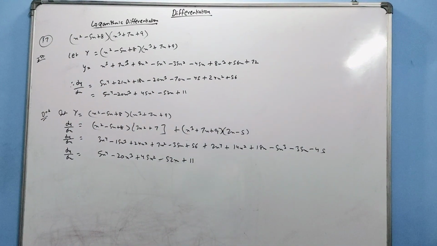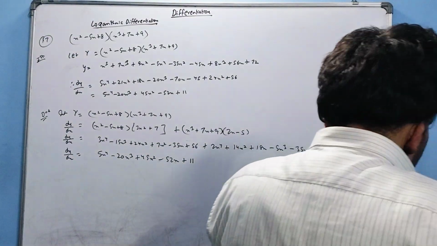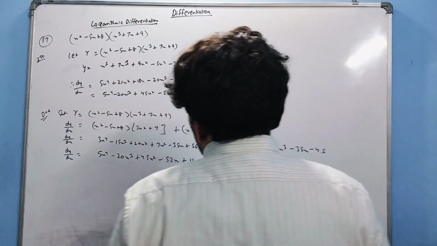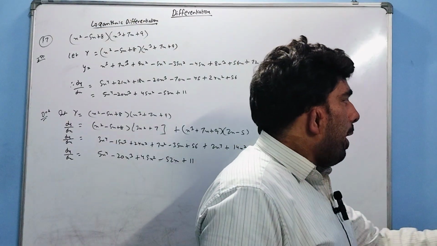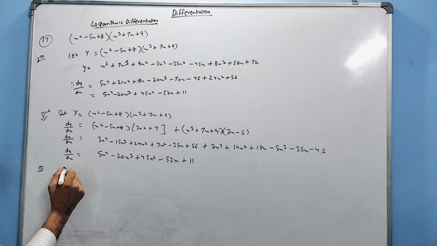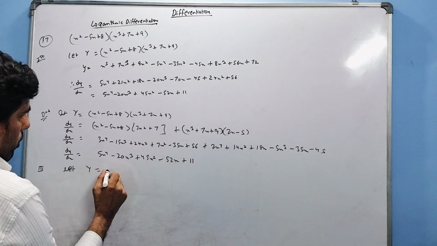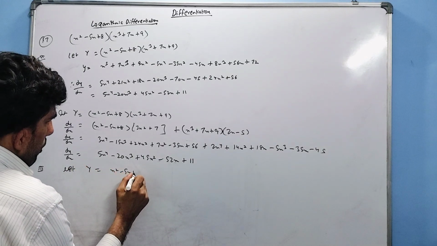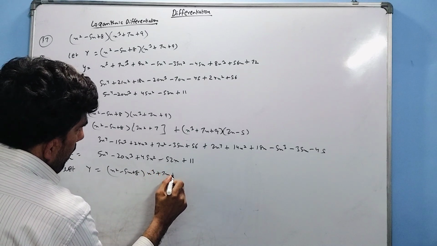Now let's apply the third method. Okay, now by using the log we have, let y is equal to (x square minus 5x plus 8) into (x cube plus 7x plus 9). What we'll do?